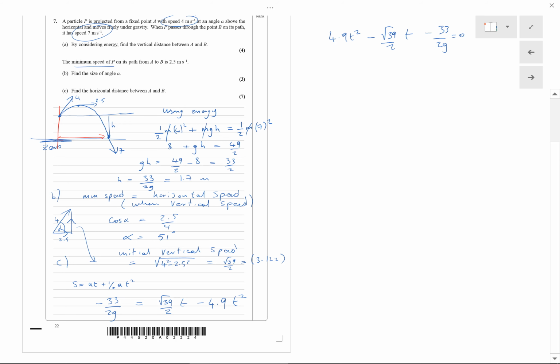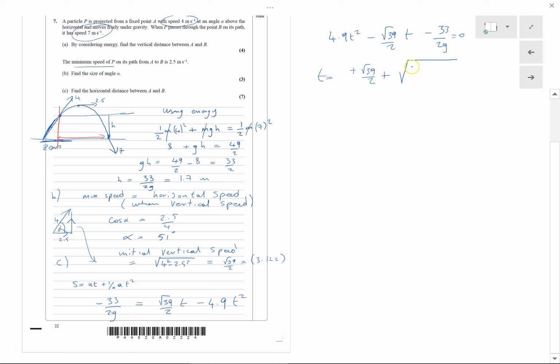Right, now I'm going to solve that, just put it into the quadratic formula. So t is equal to minus b, so it's the square root of 39 over 2. It's going to only be the positive one here. The negative one will be a negative value, which will correspond to the time below here. So I'm not even going to bother writing it in.